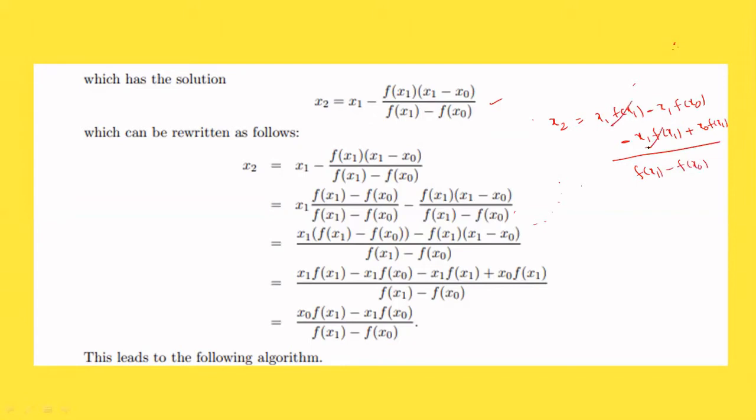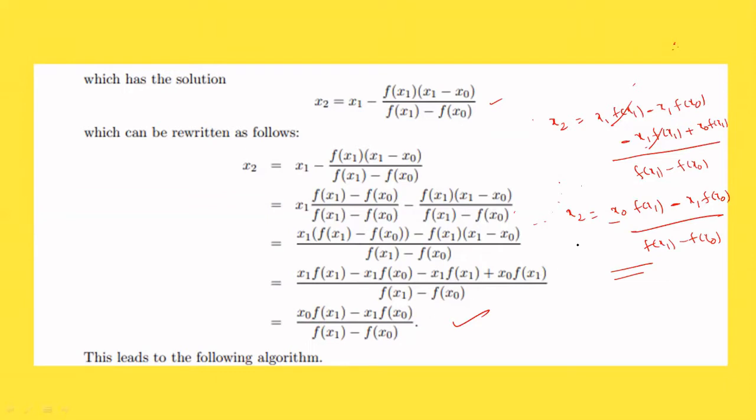This term and this term will get cancelled. The final term you will get: x2 is equal to [x0 into f(x1) minus x1 into f(x0)] by [f(x1) minus f(x0)]. He is simply taking the LCM, so you will get this value.